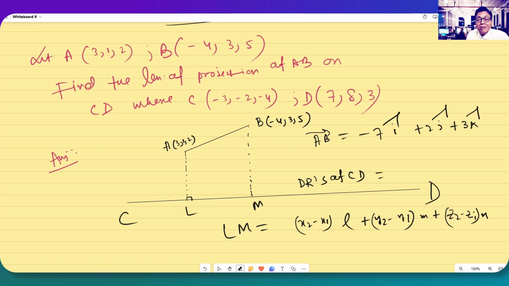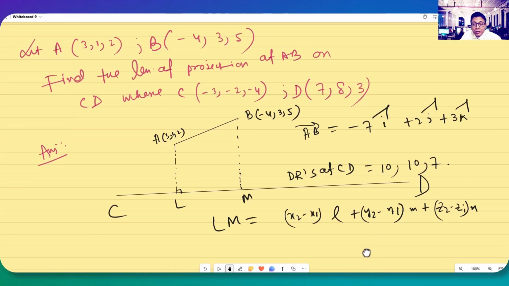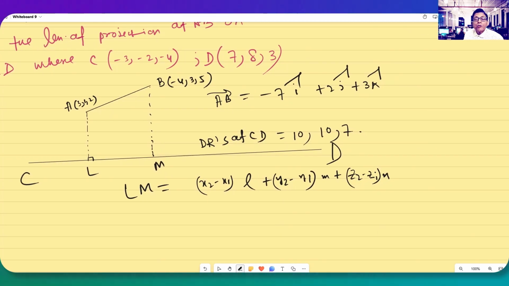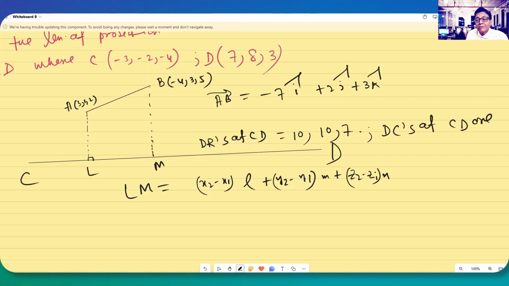Those are 7 minus minus 3, 10, and 10 and 7. Direction ratios of CD are known, and I told you how to find the direction cosines of CD. Once you find the direction ratios, you get the direction cosines also. Direction cosines of CD are what? That is 10 by under root 10 square, 10 square.